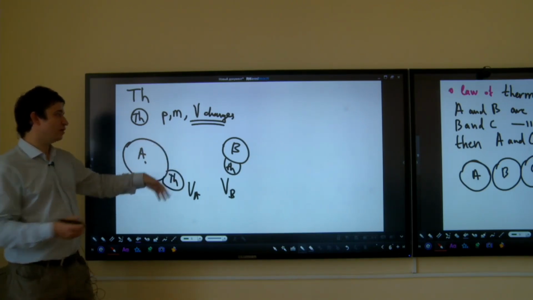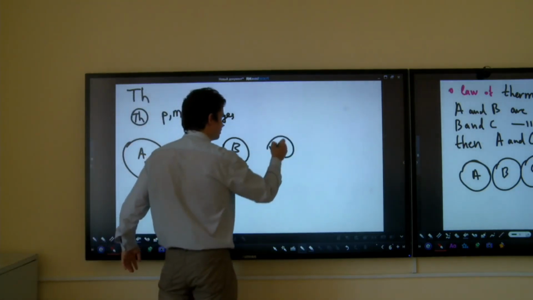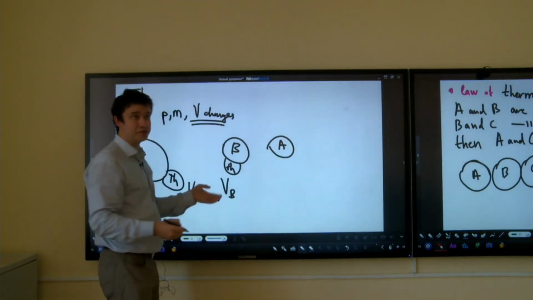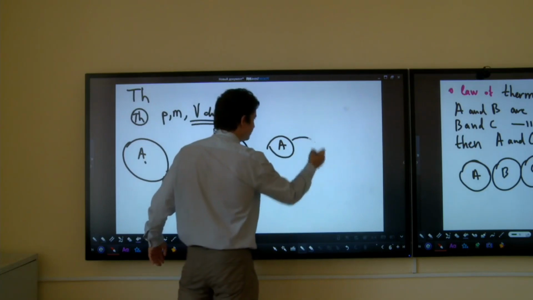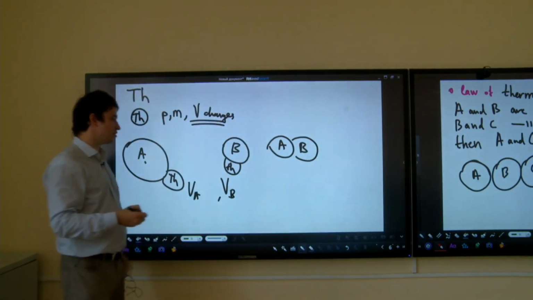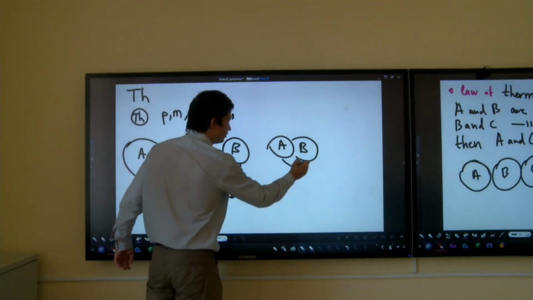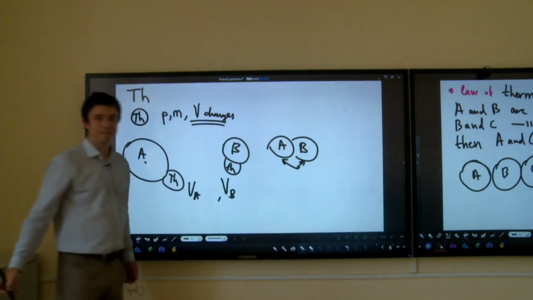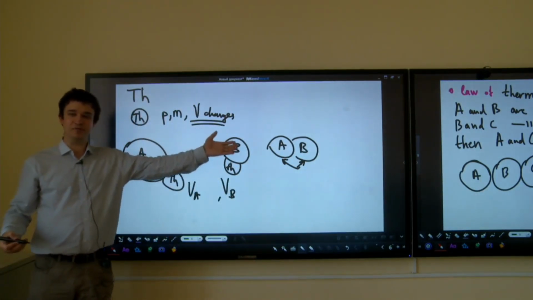So after I bring these systems with different temperatures in contact with each other, sometime later the temperatures equalize after this thermal equilibrium is established.